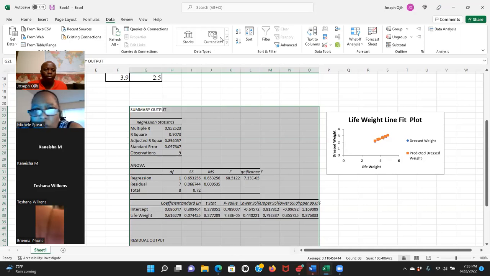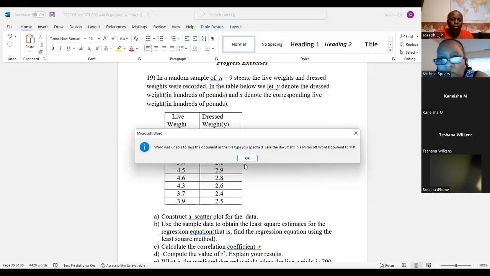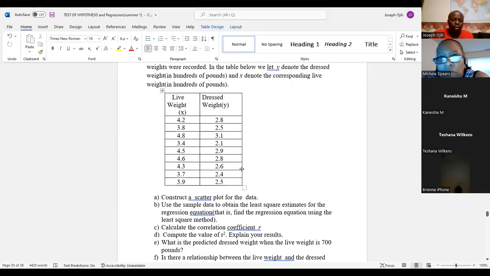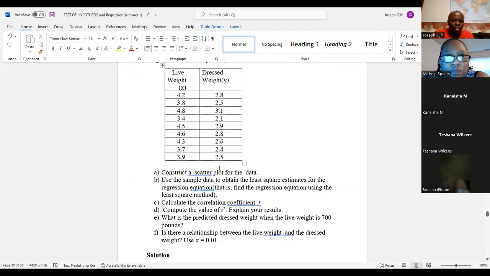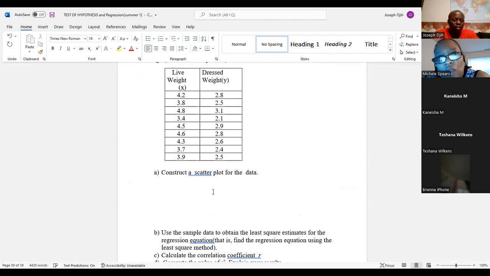If you look at our first question, it says here, construct a scatter plot, right? You all can see this. Yes. So just the scatter plot will be the solution. We have it already. Excel gave us the scatter plot.